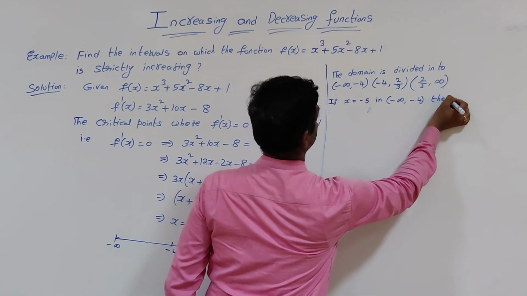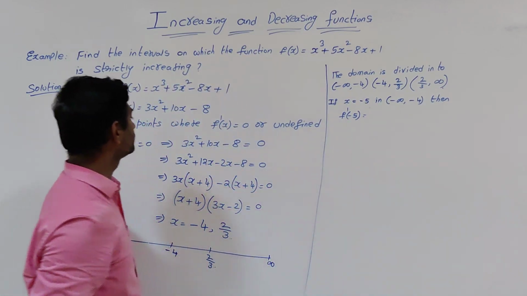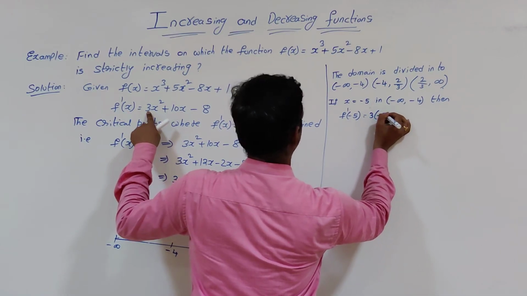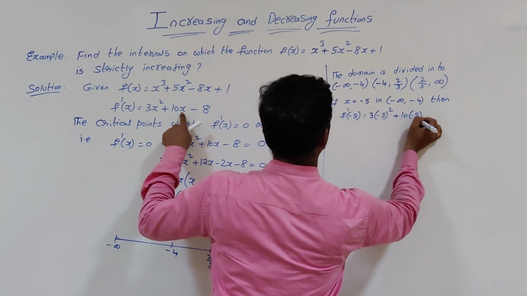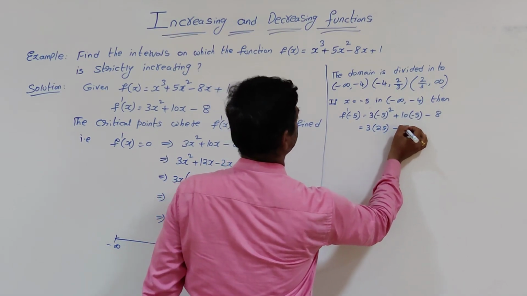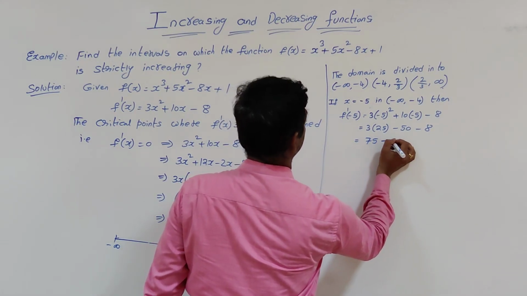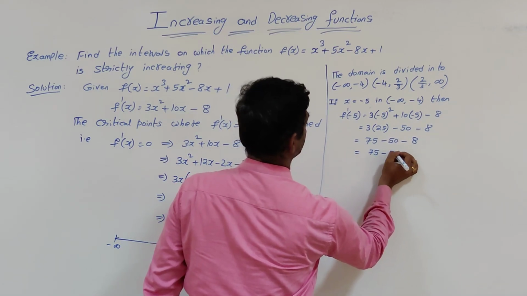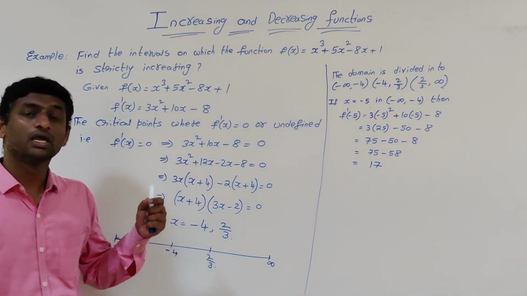Then f dash of minus 5 is 3 into minus 5 whole square plus 10 into minus 5 minus 8, 3 into 25 minus 50 minus 8, 75 minus 50 minus 8, 75 minus 58, that gives 17, a positive value.